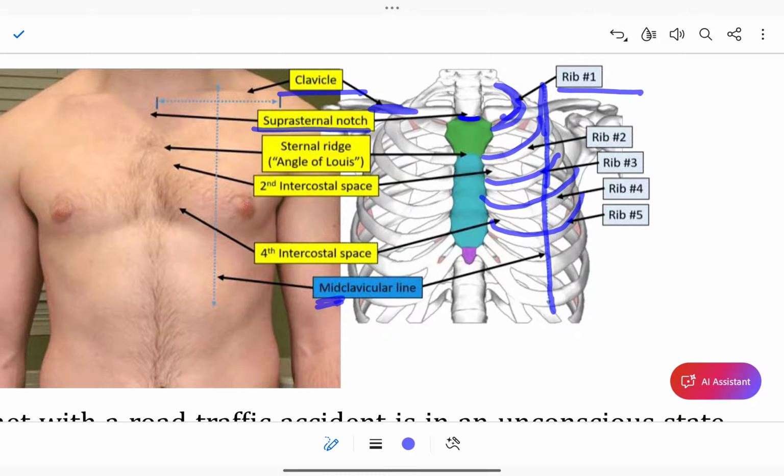This is the suprasternal notch on the sternum.